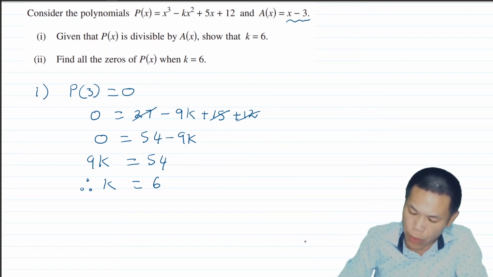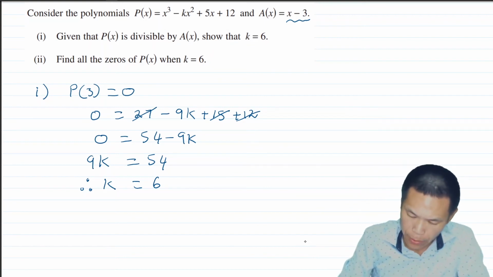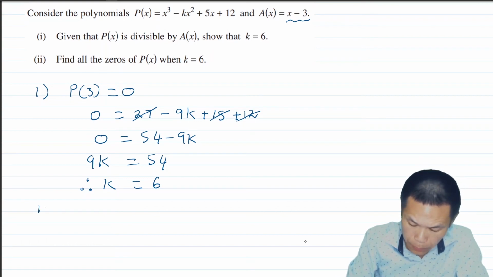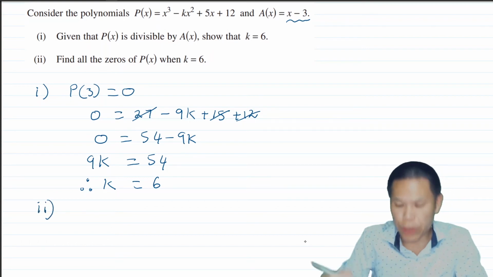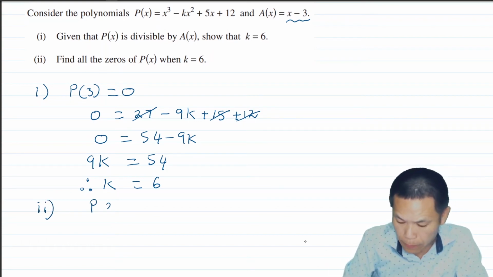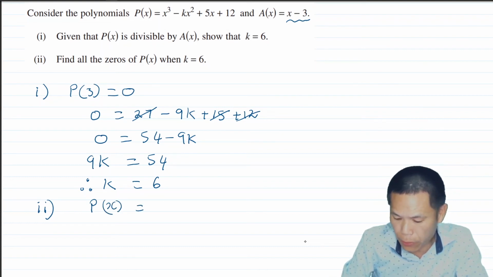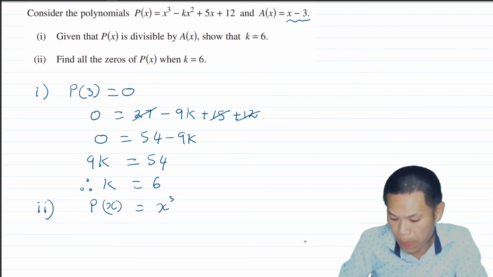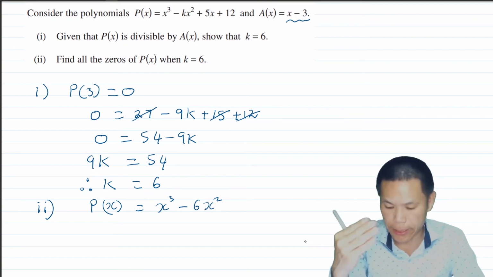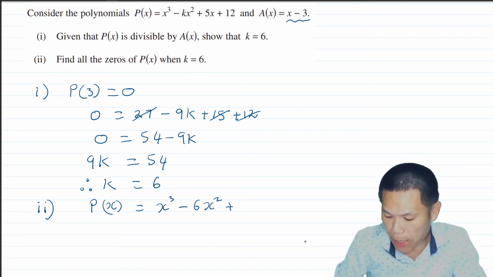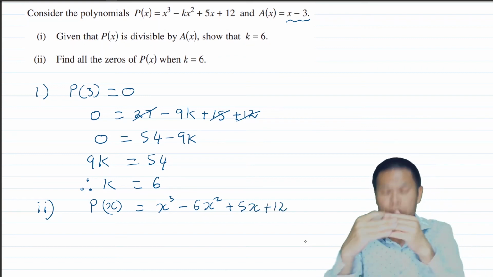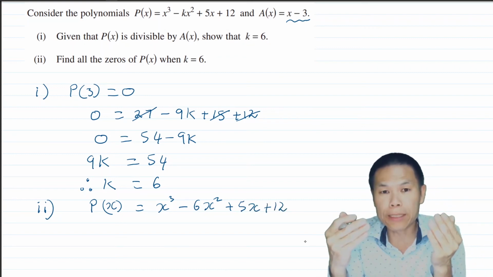So we just write out p(x) first. So part 2. So we know p(x) is equal to x to the power of 3 minus 6x squared, because k is 6, plus 5x plus 12. So this is p(x).